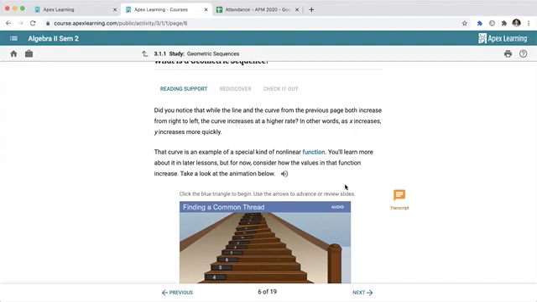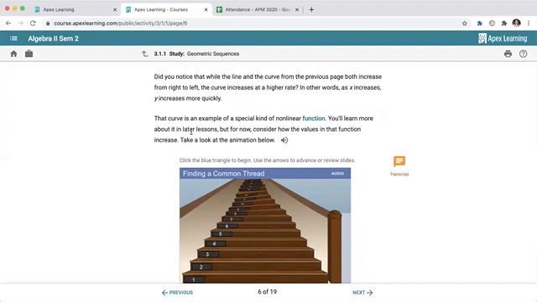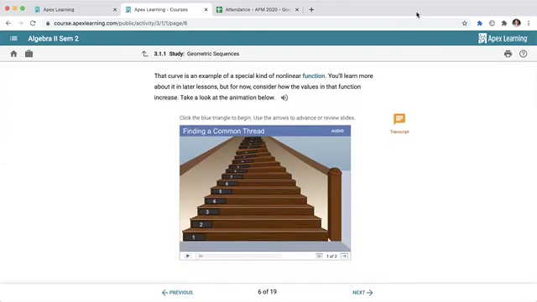And that curve function on the right that we looked at is a special kind of nonlinear function. I think we definitely touched on it in pre-calc, but it's a special type of nonlinear function, and we'll learn more about it later in this unit.